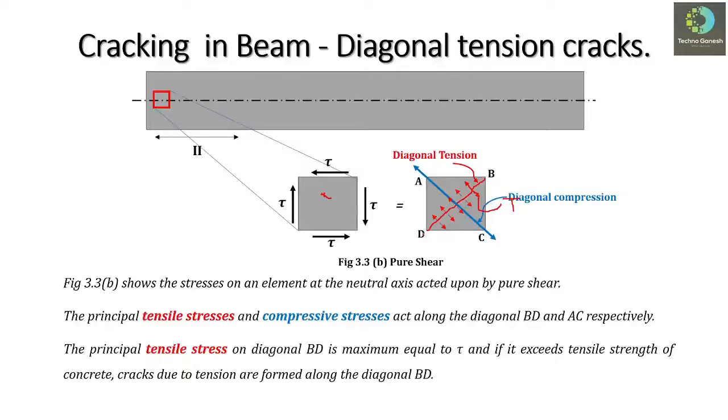And the diagonal compression is also going to act, that will be equal. These cracks which are going to form due to the diagonal tension are referred to as diagonal tension cracks, or sometimes these cracks are also referred to as web shear cracks.